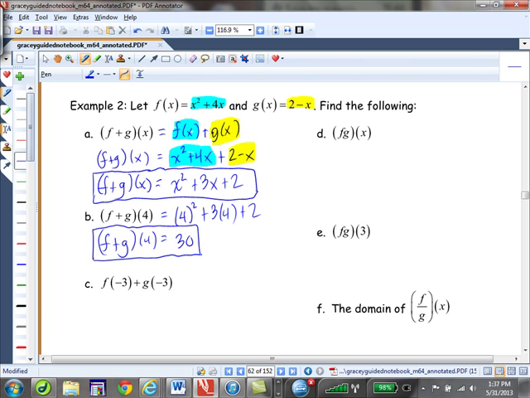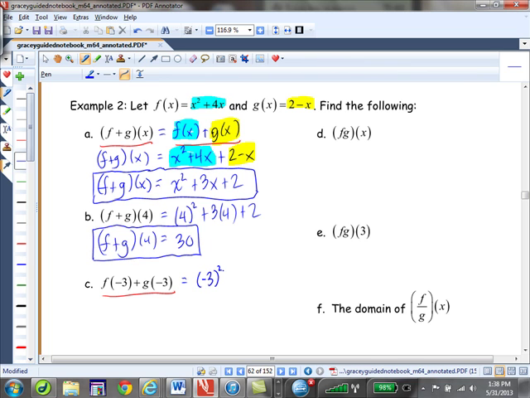And if you opted to do it the other way, you would have gotten the same result. Now, notice that this one's being a little tricky. Instead of writing it as f plus g at -3, it's writing it in that second format like this one. Do you see that that's the same as this, right? So I'm going to go ahead and use my function I found before.